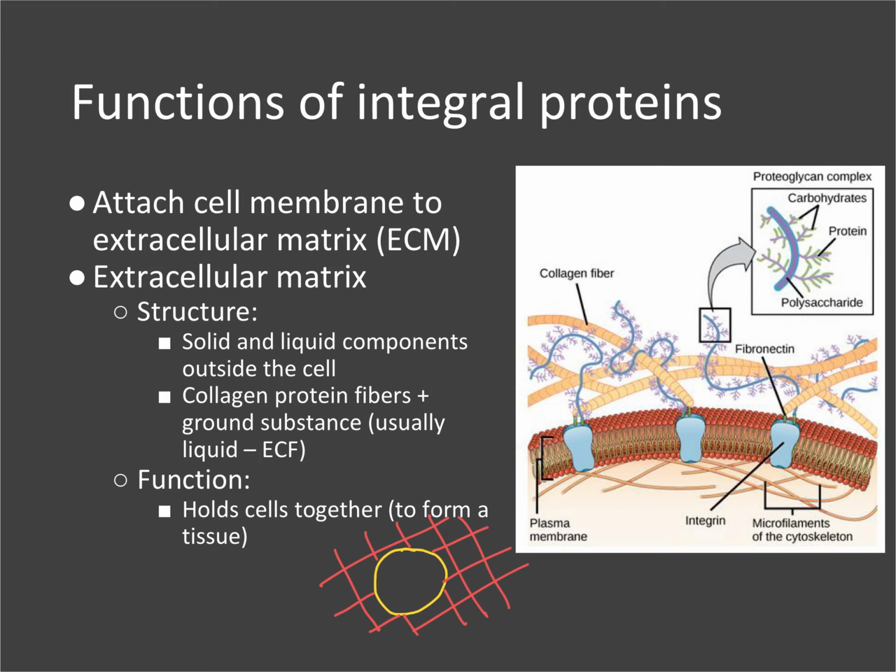So your cells aren't just free floating around inside your body, or at least most of them aren't. They're embedded in this structure called the extracellular matrix, or the ECM. These proteins can act as anchors to attach the cell to those proteins in the extracellular matrix in order to hold it in place.